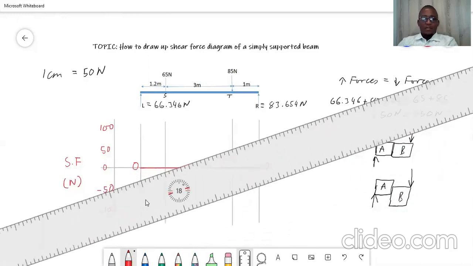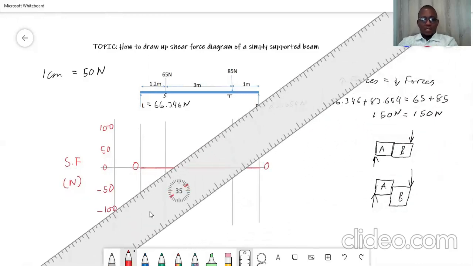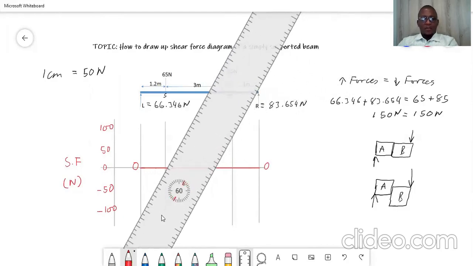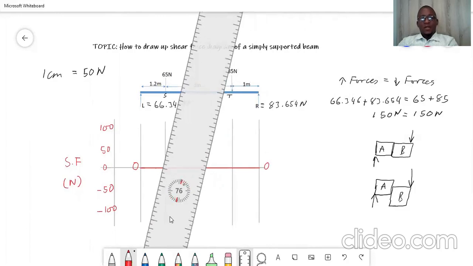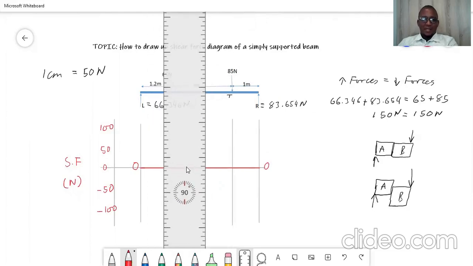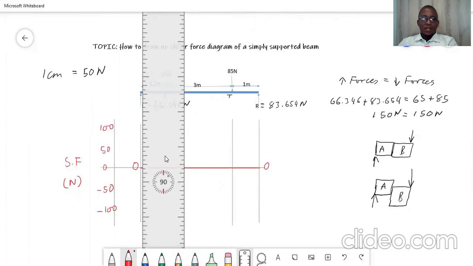So our first force to start with will be 66.346. Remember, I usually start from left to right, but it doesn't matter if you start from right to left, though it's always proper to start from left to right. I hope you're still with me. So our first force is 66.346 and it's pointing upward.